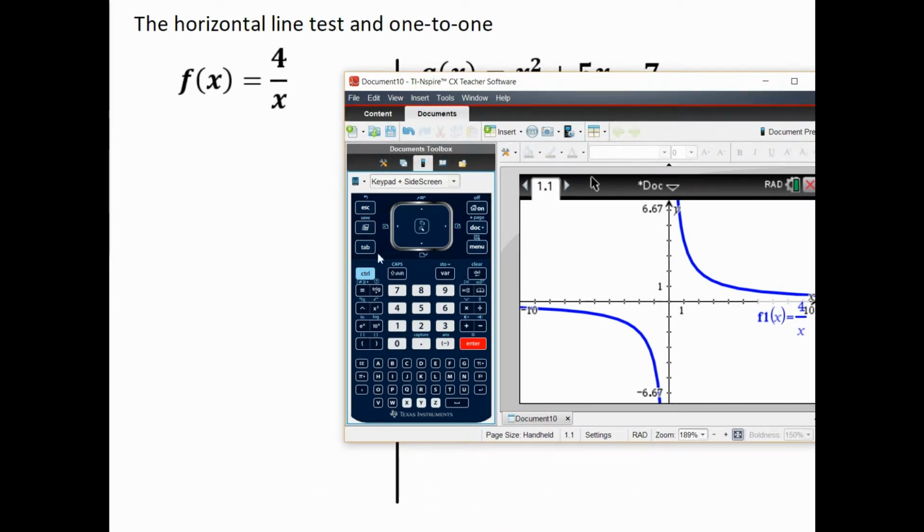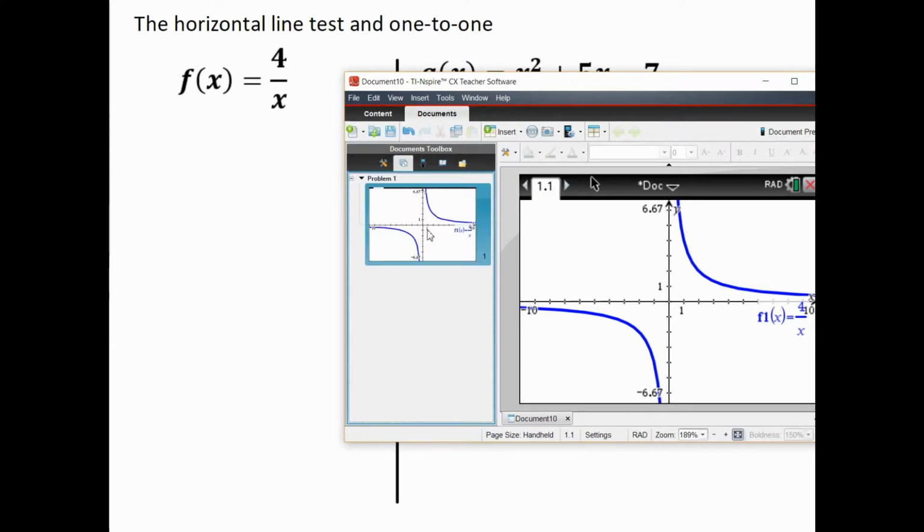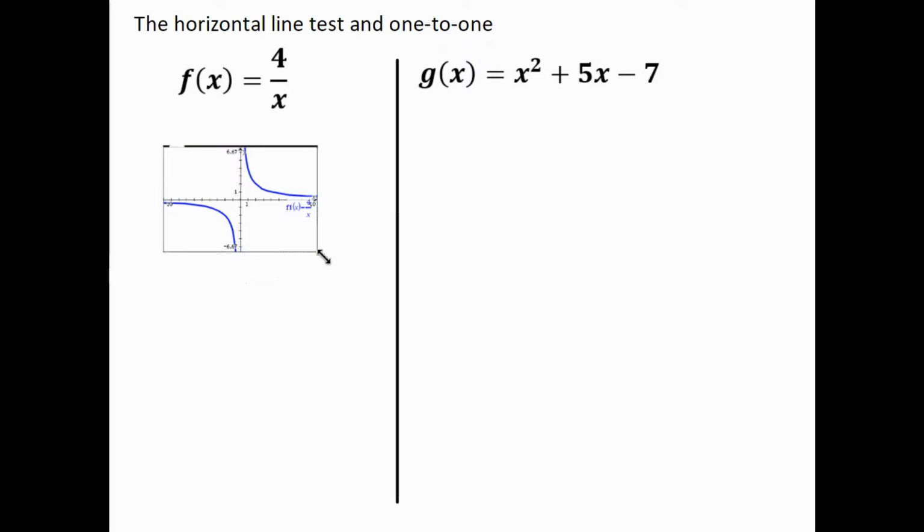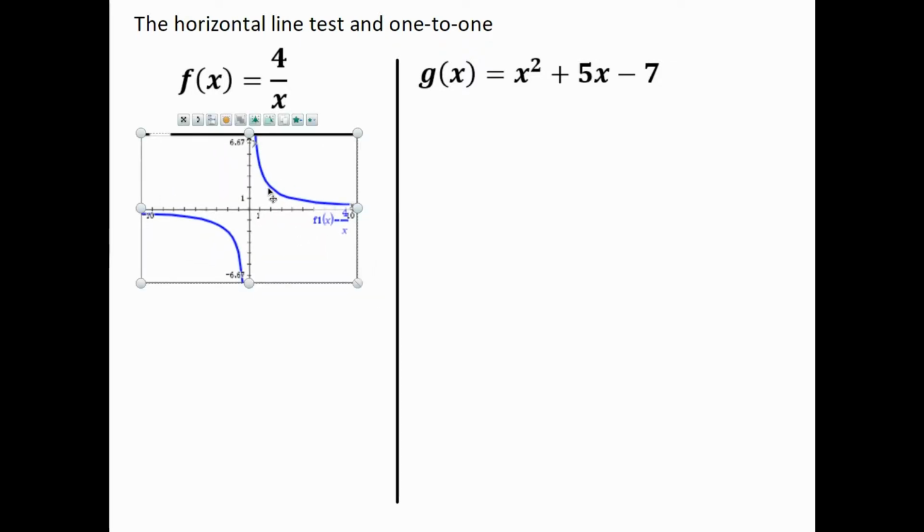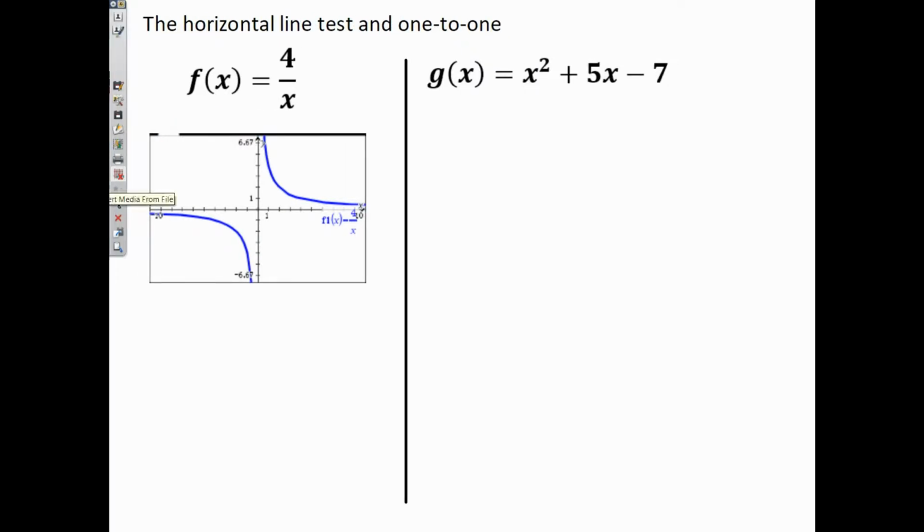All right. Now I want to drag this over onto our paper. So what the horizontal line test says for us is at any point, let me get a horizontal line up.